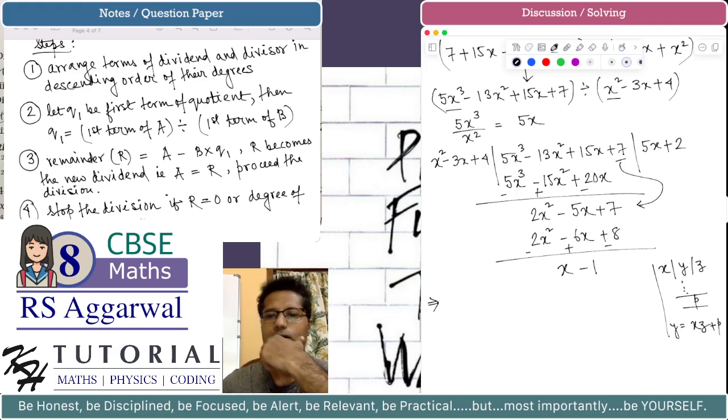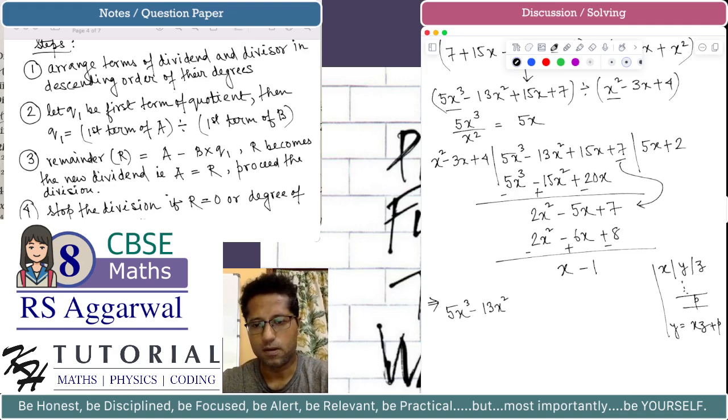So similarly, for this division of two polynomials, we can say that 5x cube minus 3x square plus 15x plus 7, which is the dividend, is equal to the divisor multiplied by the quotient, that is, the divisor x square minus 3x plus 4 multiplied by the quotient 5x plus 2, plus the remainder x minus 1.